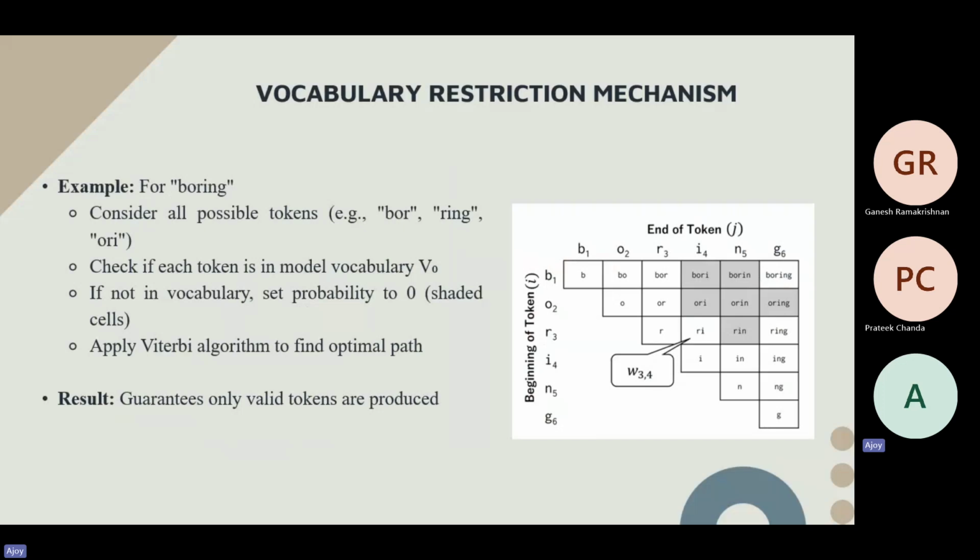Let's say these are all the possible tokens generated by the tokenizer. Then we check every token if it is present in the vocabulary or not. We assign probability only to those which are present in the vocabulary and skip all those in gray. We assign the probability 0 so that they are not passed to the model. That will actually solve the unknown token error.